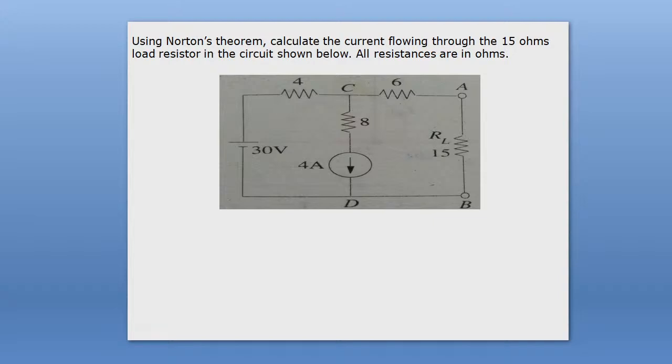Okay, so what you will do to solve this problem? So you see, there are two sources. So first, step 1, you remove the load resistance from your circuit. You remove the load resistance, 15 ohm resistance, from your circuit.